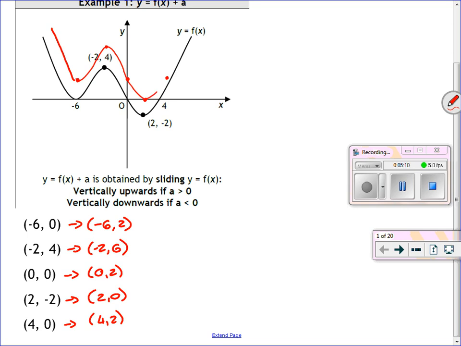We sketch it out. My graph drawing skills are not the best, but thankfully you don't have to be a great artist to do this, as long as your coordinates make sense. When we do this, we must always write down what our transformed coordinates are. So this was minus 6, 2. This was minus 2, 6. This became 0, 2. This became 2, 0. And this bit here became 4, 2.